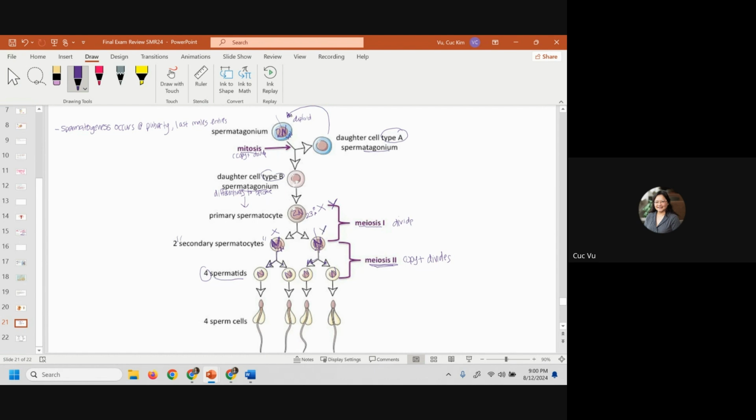So what should I write on this first spermatid in terms of the 23rd chromosome? X. Yep. The second one? X. Third one? Y. Fourth one? Y.